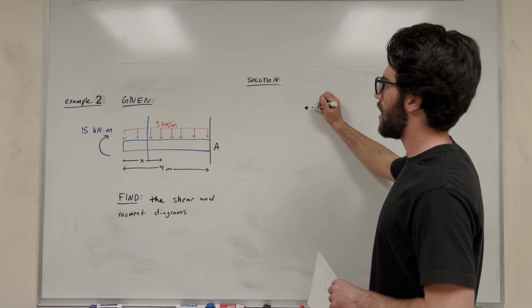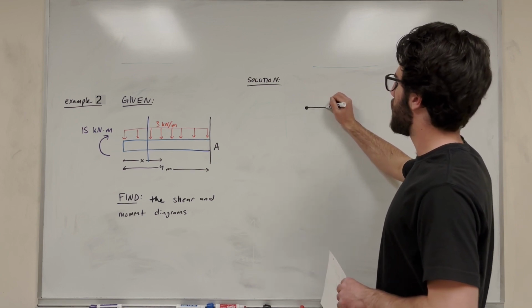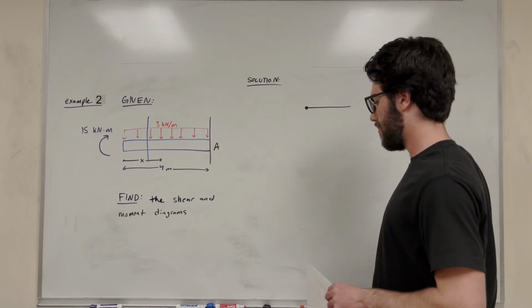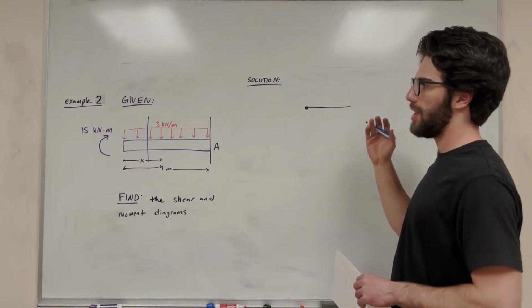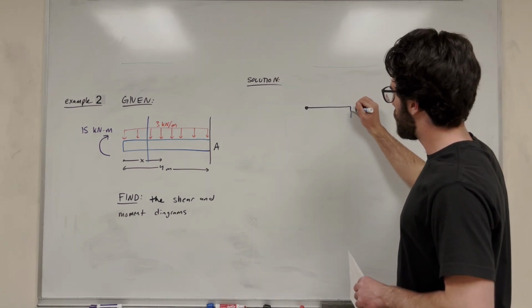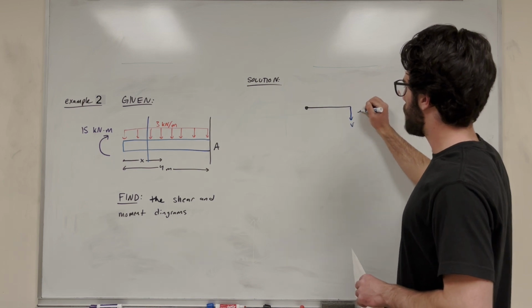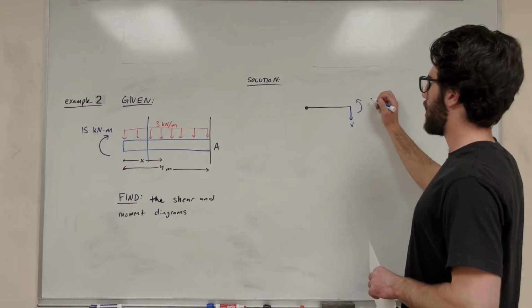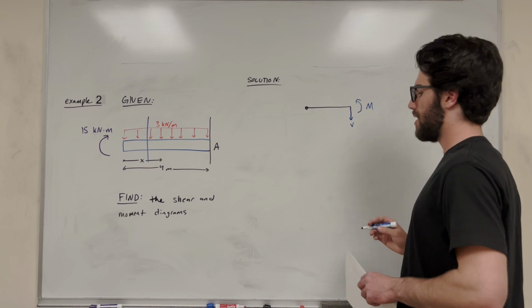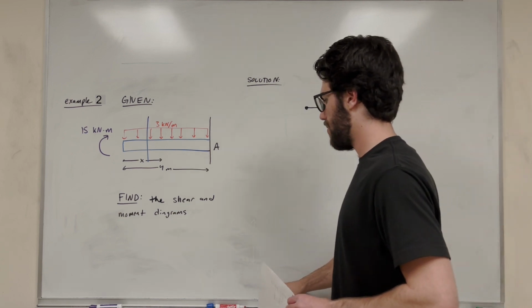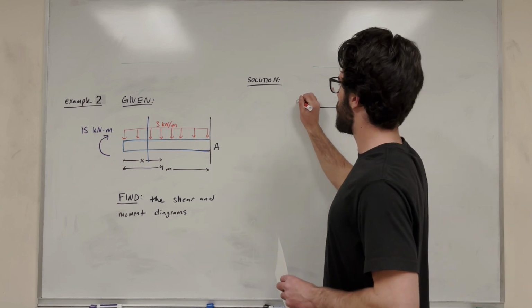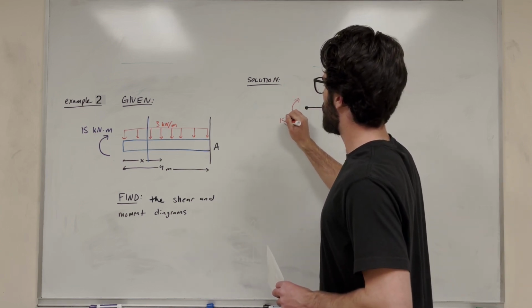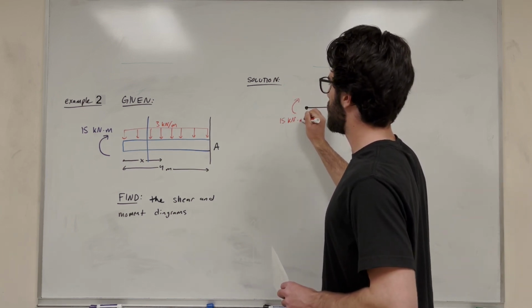So drawing our free body diagram, here is the end. We're going to go this way, and this is our cut right there. So let's draw everything on the cut, right? We're taking a cut from the left side. So our shear is going to point downward, and our moment is going to go counterclockwise. So we're going to label that moment. Then let's draw in everything we know already. So we have this 15 kilonewton meter moment acting like this, 15 kilonewton meters.